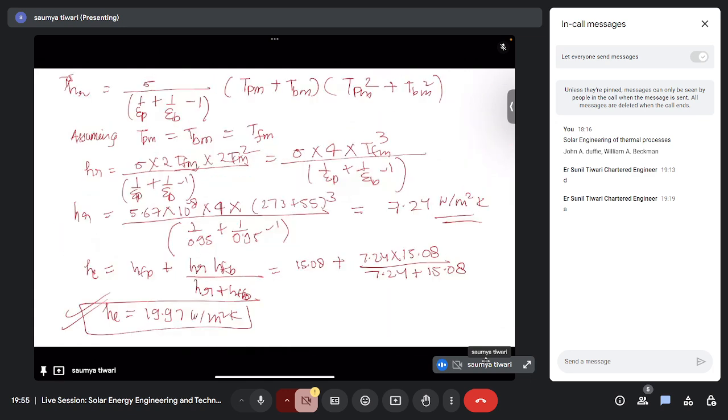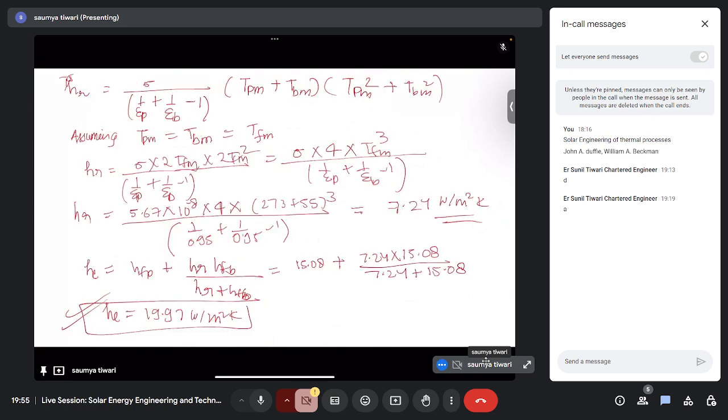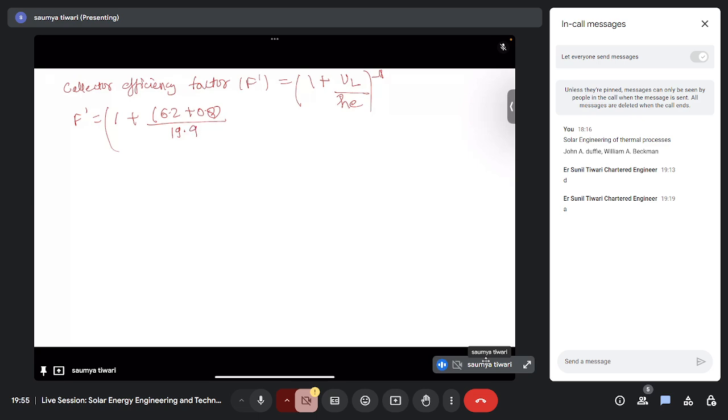So it will be 6.2 plus 0.8 divided by your equivalent heat transfer coefficient, which was 19.97. So this will be 1 plus 7 upon 19.97, whole inverse. The value will come to 0.740.